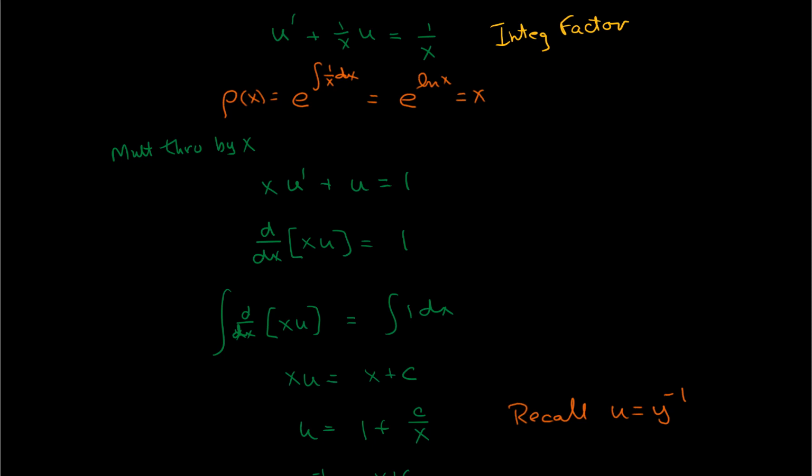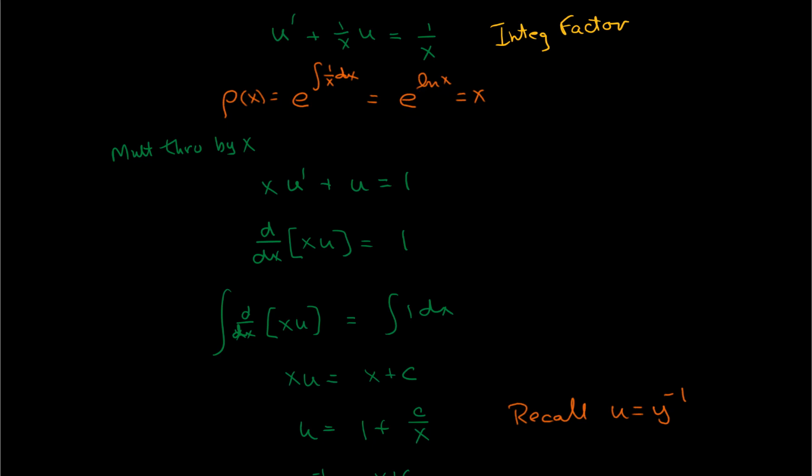We're going to wind up with rho, or r of x, equal to e raised to the integral of 1 over x. And remember, this 1 over x comes from the function multiplied times u. When you integrate that, you're going to get e raised to the natural log of x, but the e and the natural log cancel, giving you x.